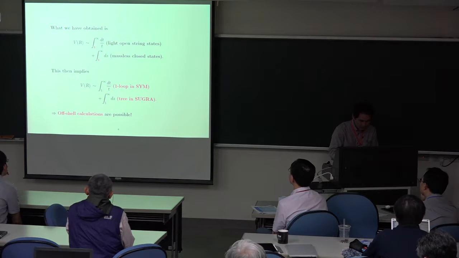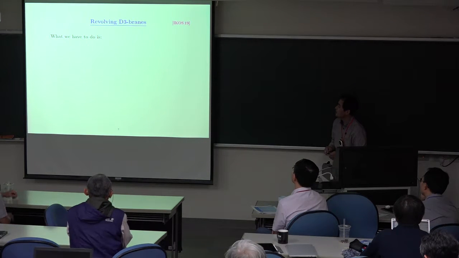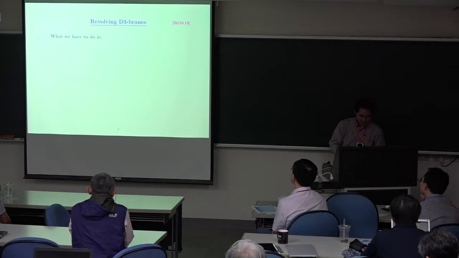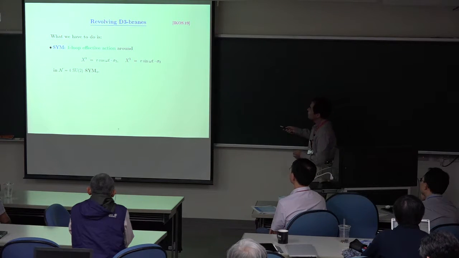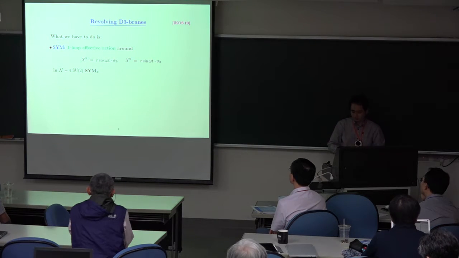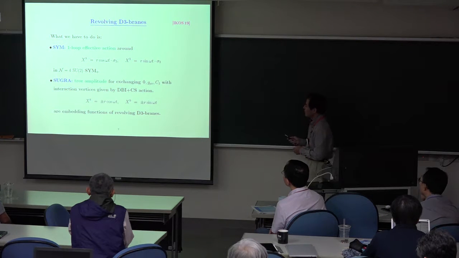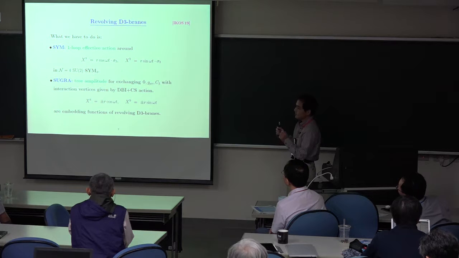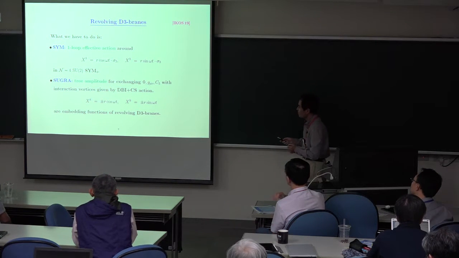Okay, because of time, I'll just briefly explain the case for the revolving case. What we have to do is some one-loop computation in the super Yang-Mills around this background field configuration. And for supergravity, the coupling vertex between the closed string and D-branes is obtained from the DBI action.